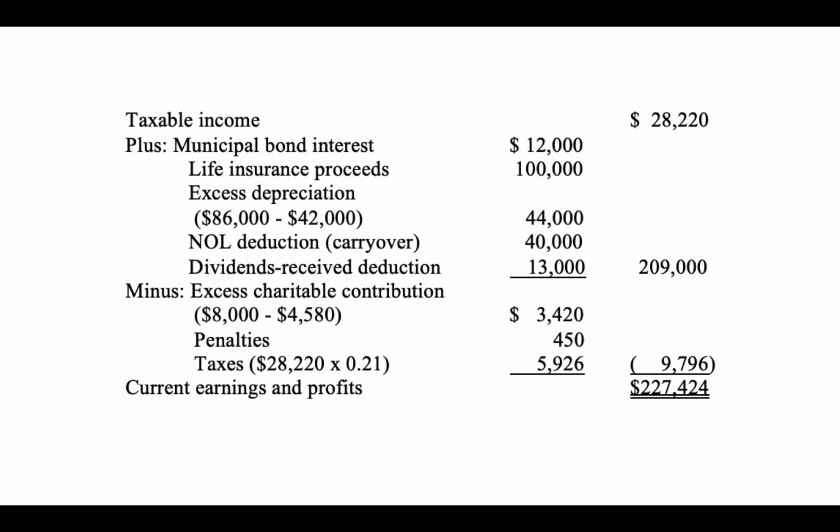I'm not going to subtract the carry forward from a previous year because I dealt with that in the year I actually made the contribution. I subtract the penalty, and I subtract taxes I had to pay. We didn't calculate those on the last slide, but income taxes are a flat 21%, so that's pretty easy to figure out. That decreases my economic wealth. So I'm going to go ahead and subtract that. So my current earnings and profits is $227,424.